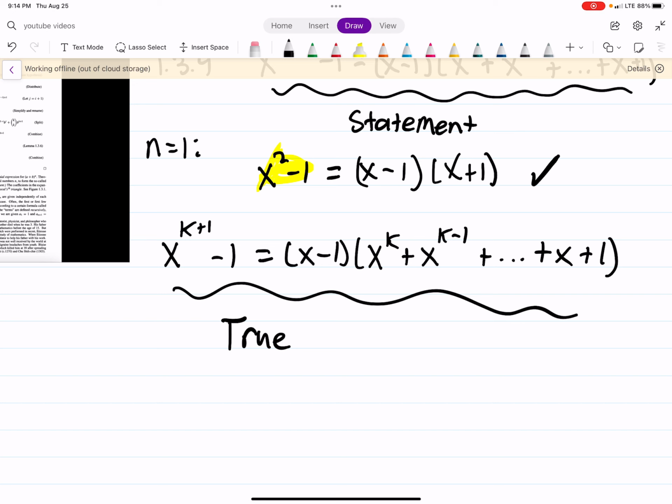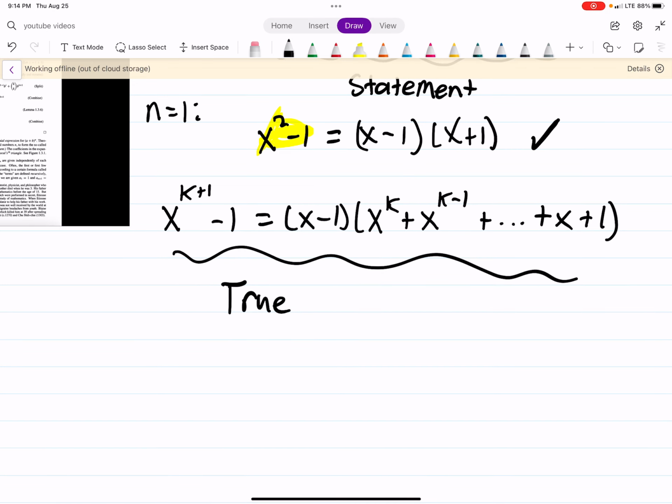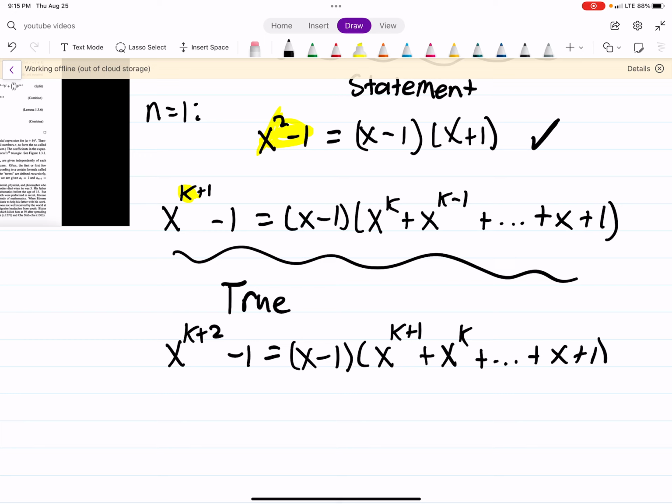And now we want to prove the case for k plus 1. We basically replace k with k plus 1, so this becomes x to the k plus 2 minus 1 equals x minus 1 times x to the power k plus 1 plus x to the power k plus ... plus x plus 1. This is really the bulk of the work that we have to prove.